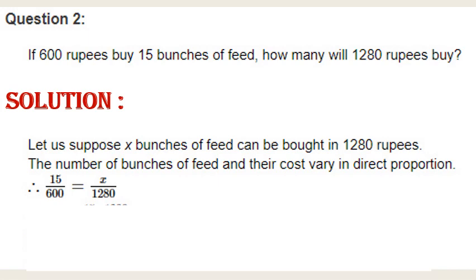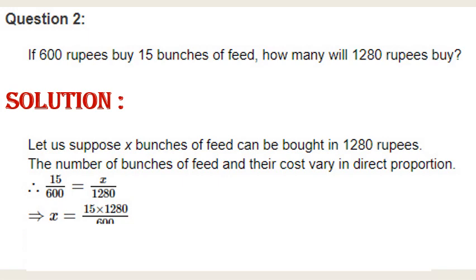Okay. So now, how many bunches can be bought for rupees 1280? So that means we have to divide. So we have taken bunches in the numerator and the respective cost in the denominator. Because they are directly proportionate, the division of these quantities should be constant. So how do we simplify this?